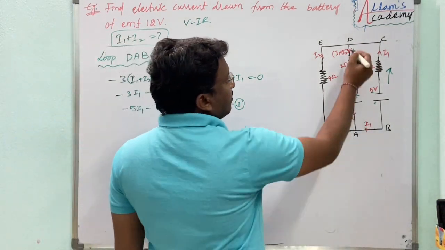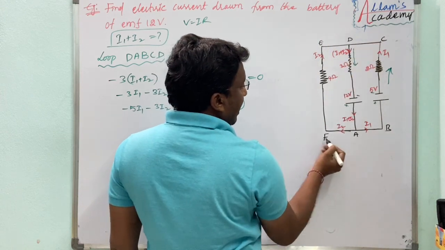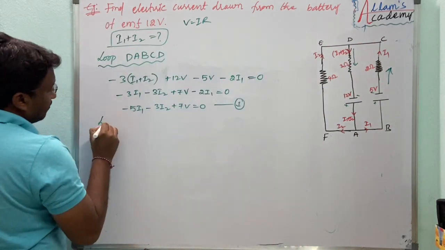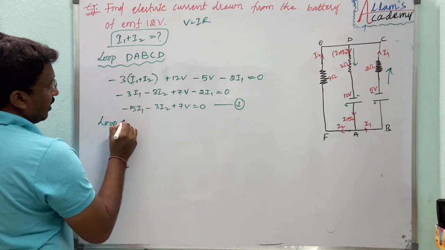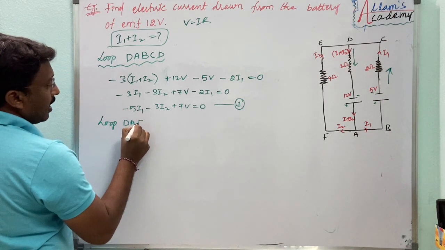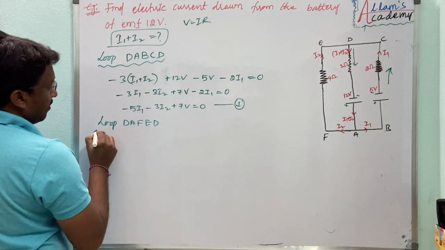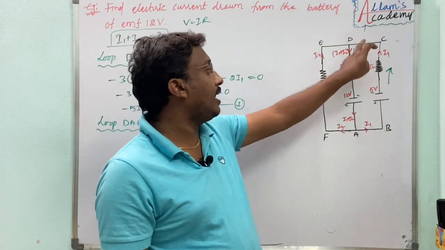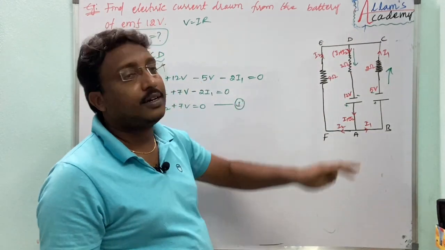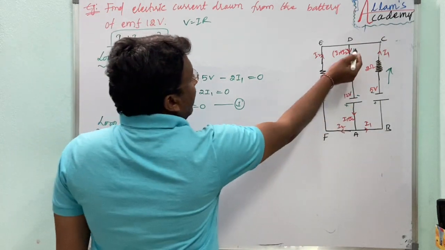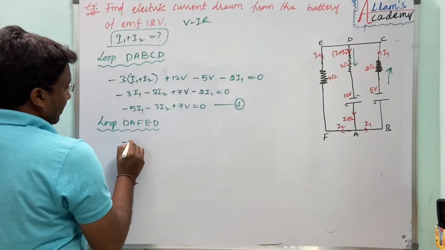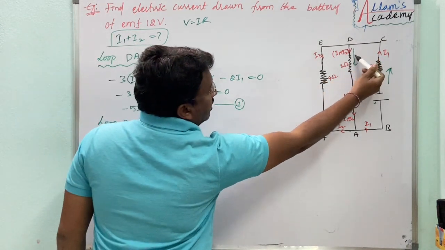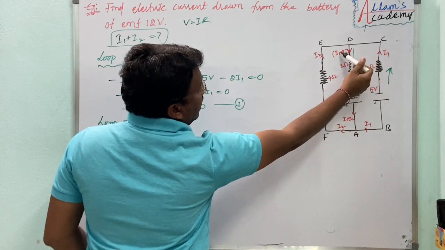Now from the second loop, D, A, F, E. Here again in the same direction, so minus 3(I1 plus I2), where the resistor is 3 and the current is I1 plus I2.